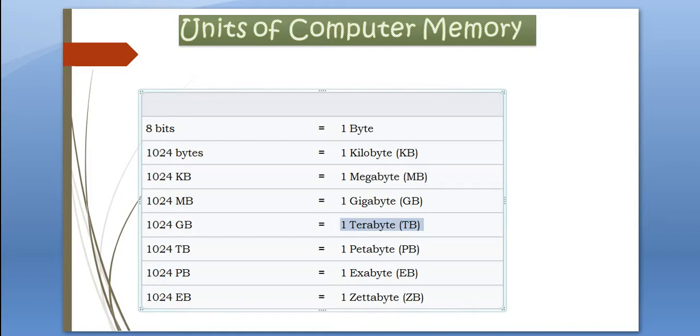Now 1024 PB is equal to 1 exabyte or EB, and the last one is 1024 EB is equal to 1 zettabyte or ZB. So these are all the units, or you can say it is the measurement table that we know in computer systems.